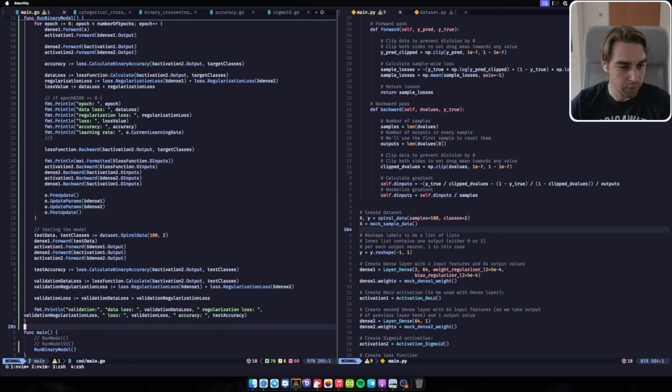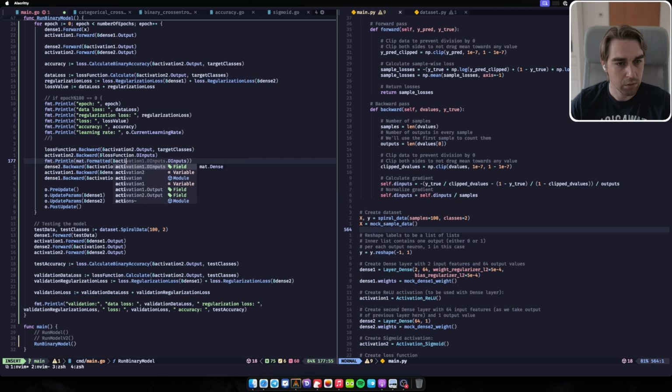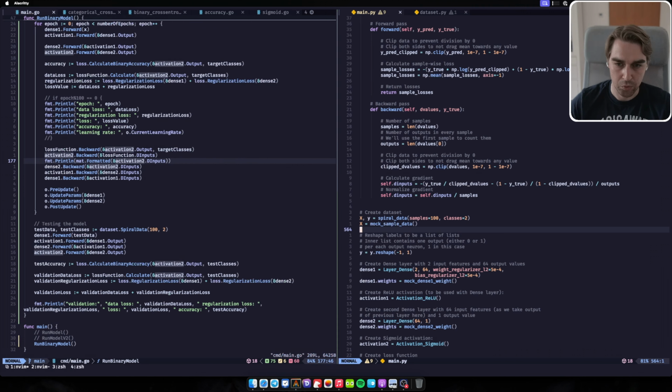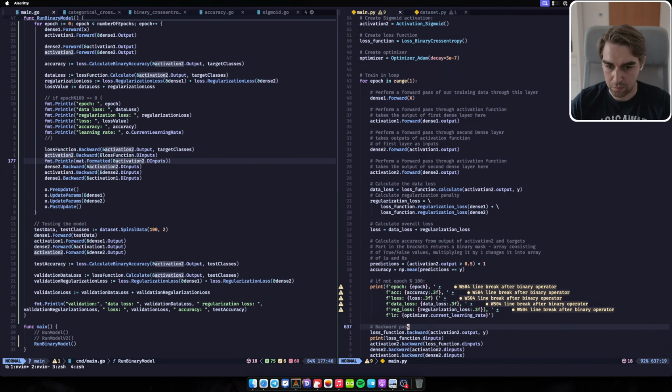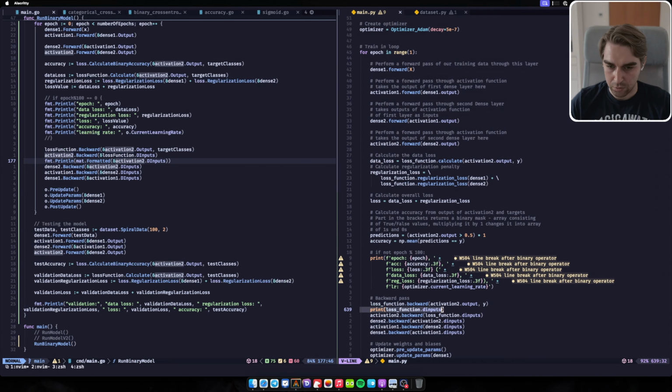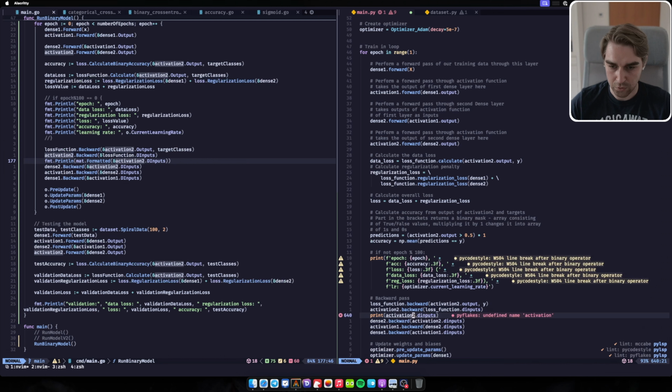Do I have a new backwards method here too? Well, yes, actually, we have this one too. Activation 2. And we need to check it. Instead of the loss function, that will be activation 2.